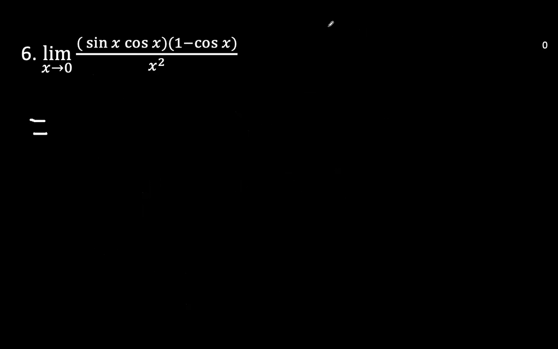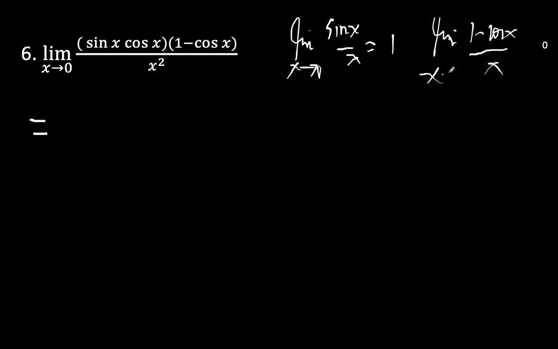In theorem number 1, the limit of sine x over x as x approaches 0 is equal to 1, and the limit of 1 minus cosine x as x approaches 0 is equal to 0. So I think we can use both theorems 1 and 2 to solve number 6, since we have sine x and 1 minus cosine x.